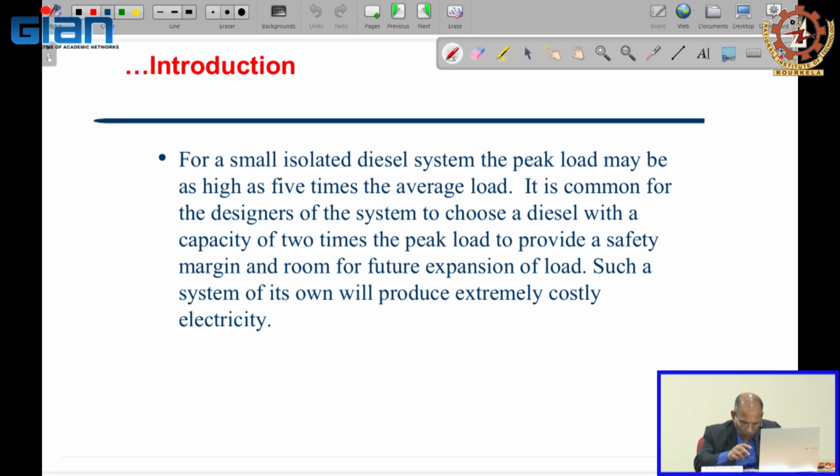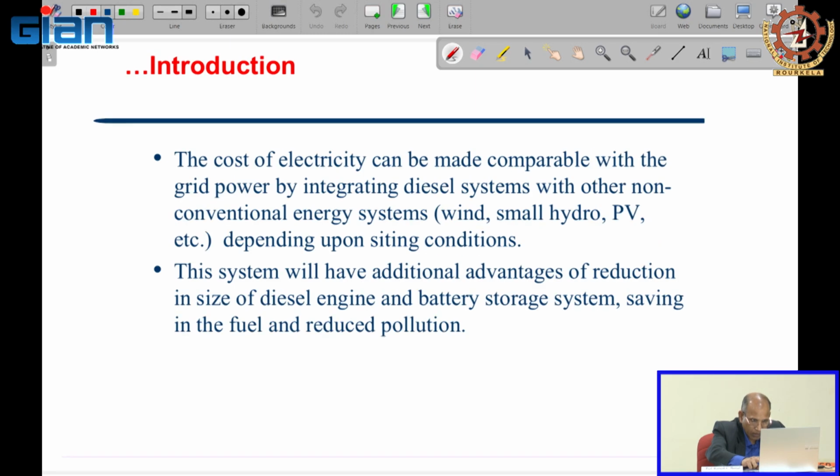Okay. So there are some concern issues: the cost of electricity produced from the diesel generator is very high, and another issue we discussed yesterday as well, that the diesel generator is very noisy, it produces a lot of noise.